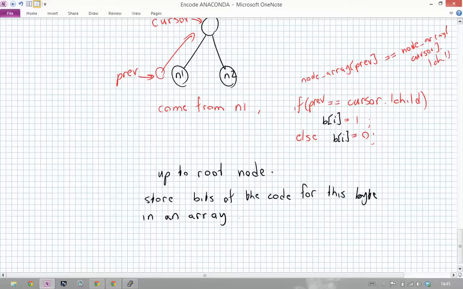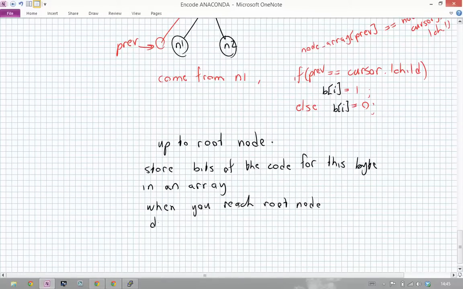And then after you reach the root node, then dump the bits to the file in reverse.